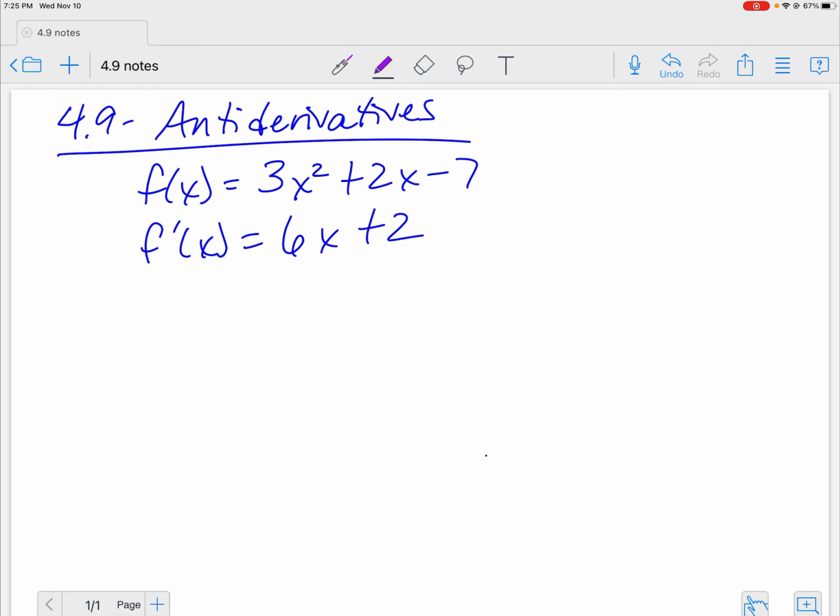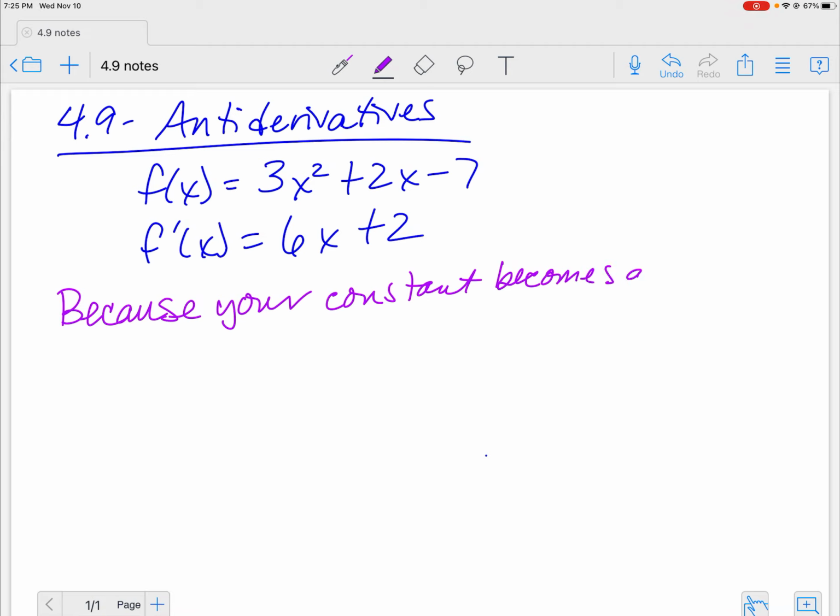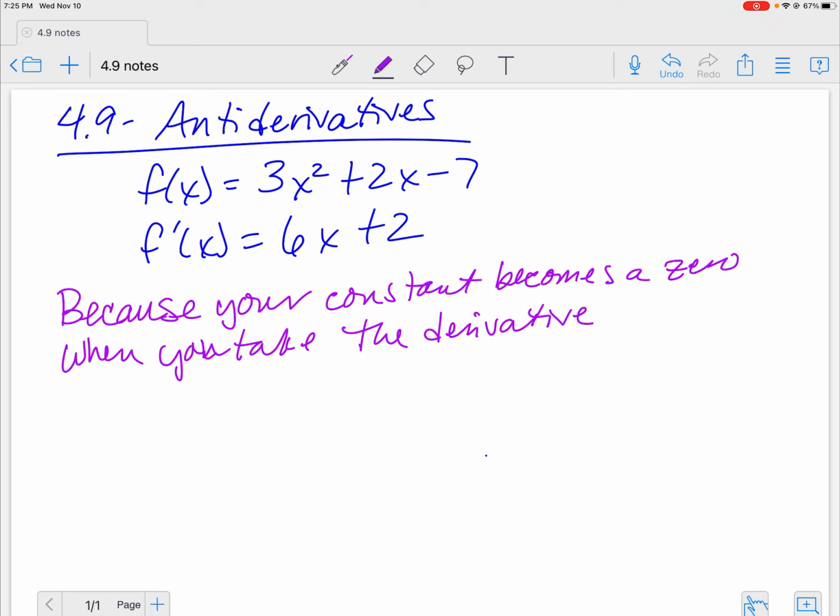All right, because your constant becomes a 0 when you take the derivative. So because your constant becomes a 0 when you take the derivative, we have to account for that when we do an antiderivative.